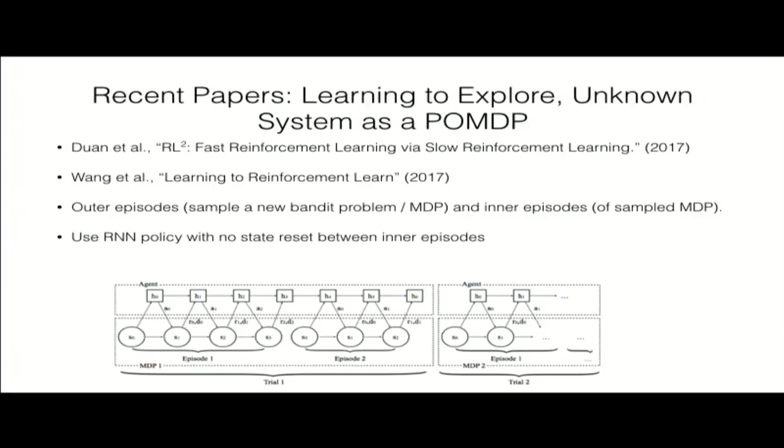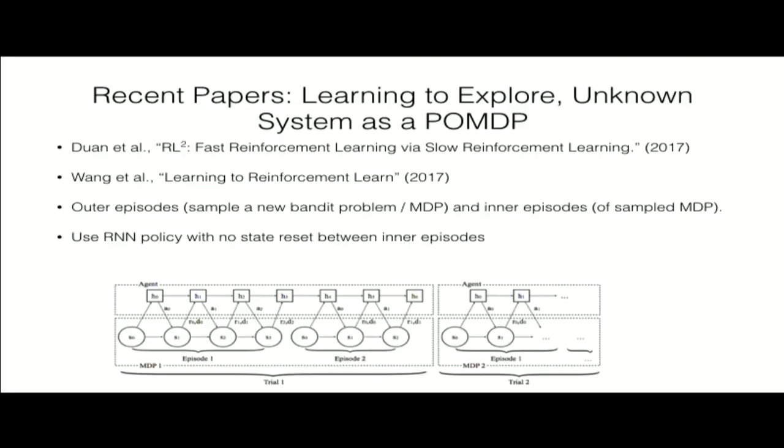So here we're really taking the idea seriously that this problem where you have an unknown MDP is itself a POMDP, where your belief state is getting updated over time. You can use a recurrent neural network policy where you don't reset the state at the boundaries of the inner episodes.